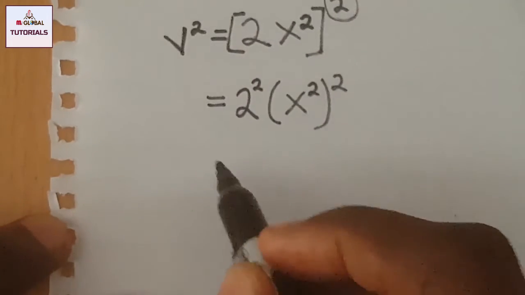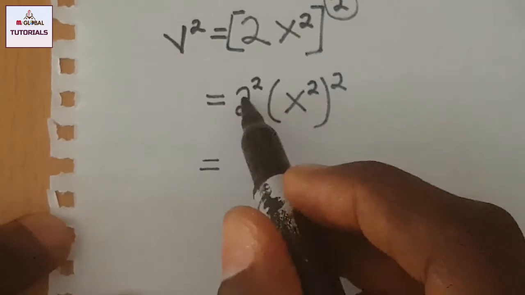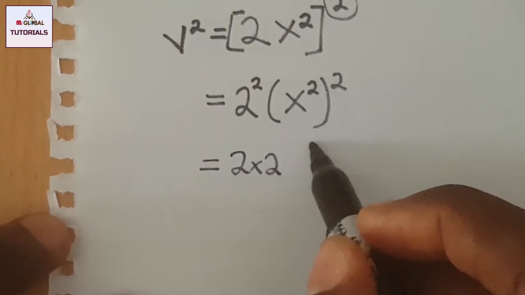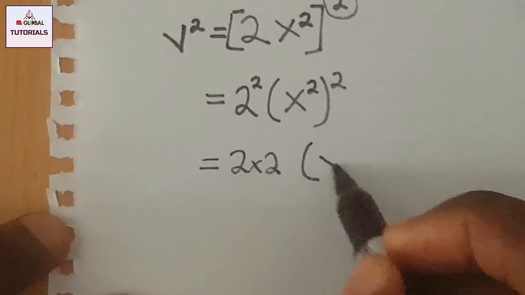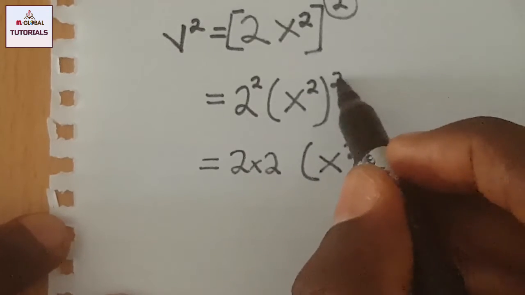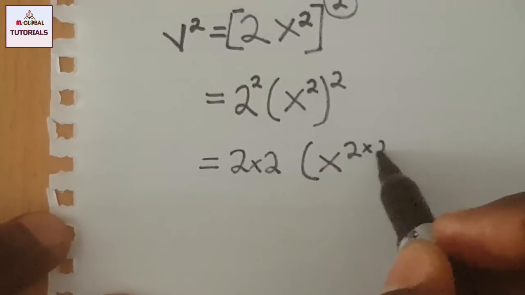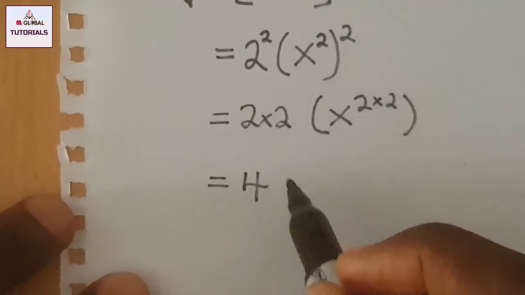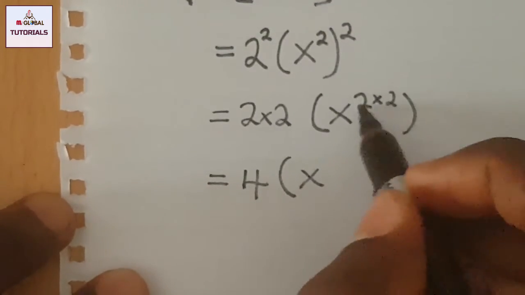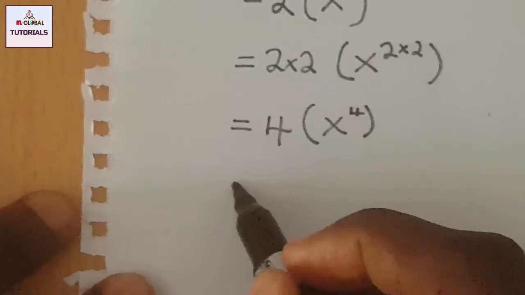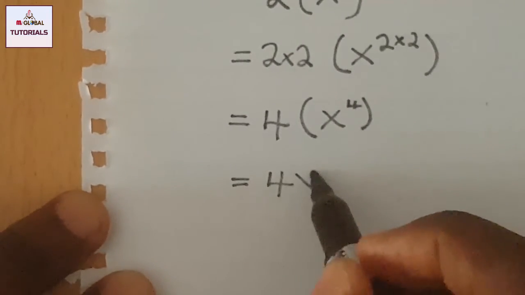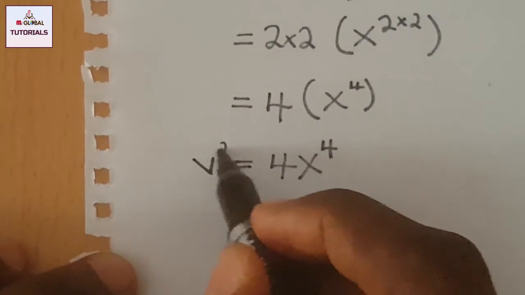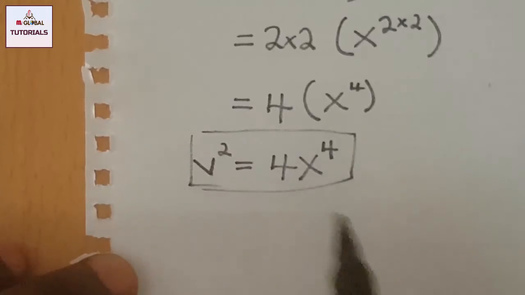And this gives us 2 to the power 2 is 2 times 2, and x to the power 2 times 2 gives x to the power 4. 2 times 2 gives us 4, and x to the power 4. So we get 4x to the power 4. Okay, so v squared gives us 4x to the power 4.